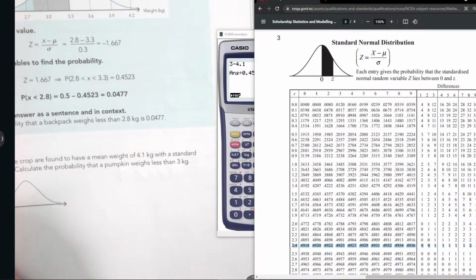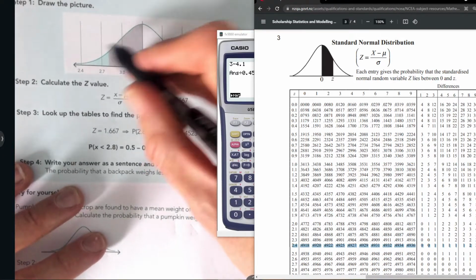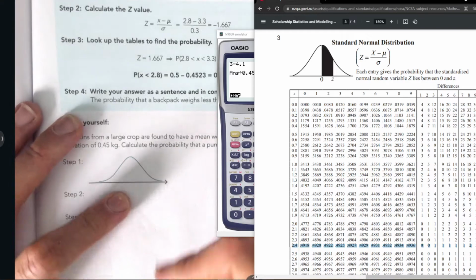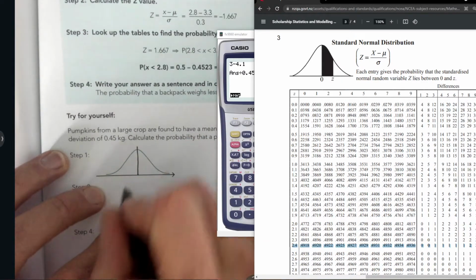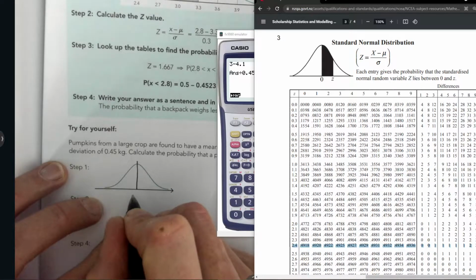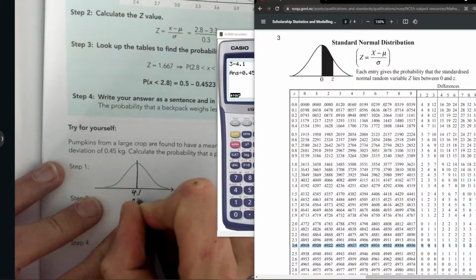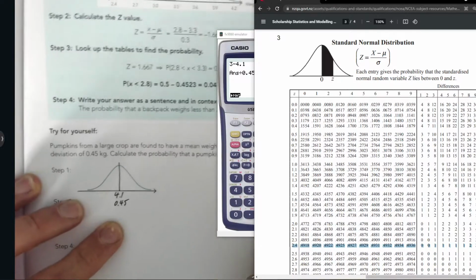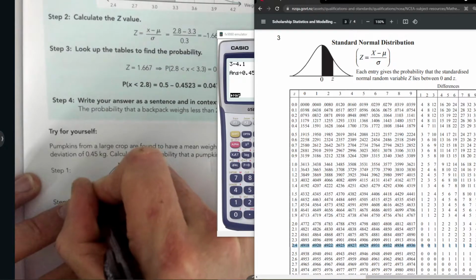Similar story here, but we're just going to go to the other side of it. Let's do it as quickly as possible. In fact, I'm going to show you without heaps of working. If I was being super lazy, this is how I would do it. I'd write 4.1, 0.45, calculate the probability less than 3. I'd just draw a line anywhere here, 3 and less than, and color that in.